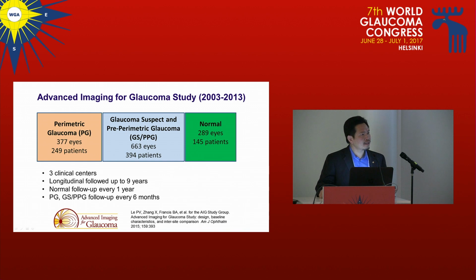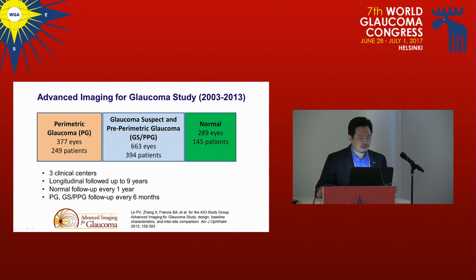This is a study that's funded by the National Eye Institute in the United States for technology development, and it also includes a multi-center prospective observational study of three groups of subjects: parametric glaucoma, glaucoma suspect and pre-parametric glaucoma, and normal reference control. It's a moderately large study with 3 centers, follow-up up to 9 years in some cases.